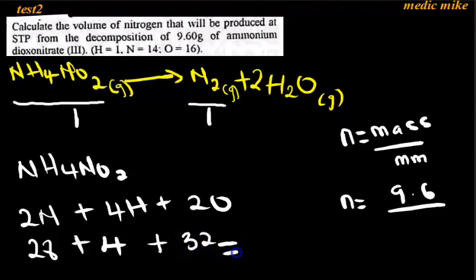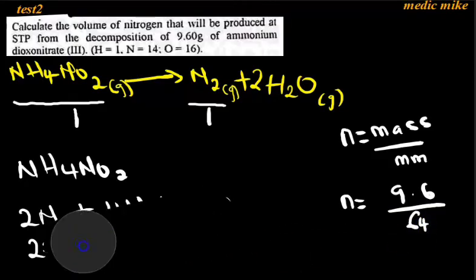So all summed up together, we'll be getting 64 grams per mole. Hope you understand how we got our molar mass. Just going to recap over it. Here we have 2 atoms of nitrogen added to 4 atoms of hydrogen added to 2 atoms of oxygen, which gives us 64 grams per mole. So that's how we get our molar mass. So we just add it over here, 64 grams per mole.